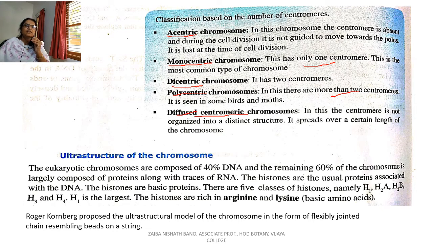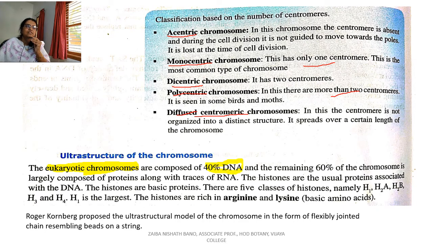Now coming to the ultrastructure of the chromosome, I already told you we are studying the ultrastructure of the eukaryotic chromosomes. Now the entire eukaryotic chromosome, what is it composed of? About 40% DNA, deoxyribonucleic acid, and 60% of the chromosome is proteins along with traces of RNA. Now what are these proteins?